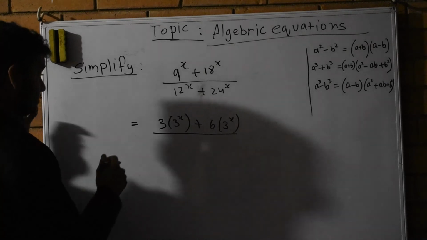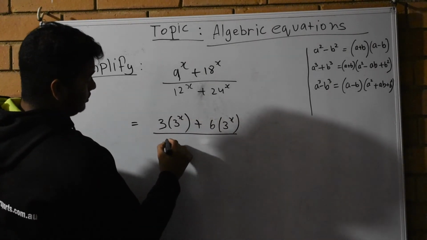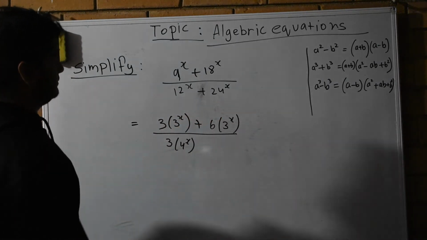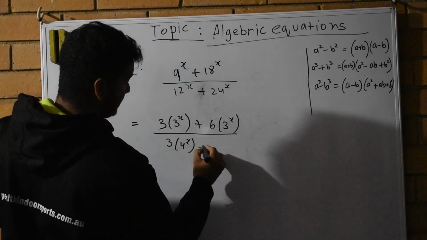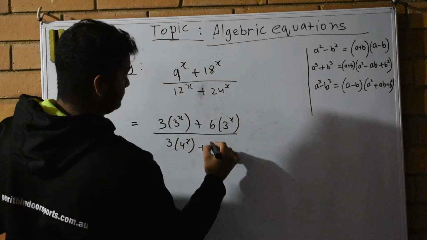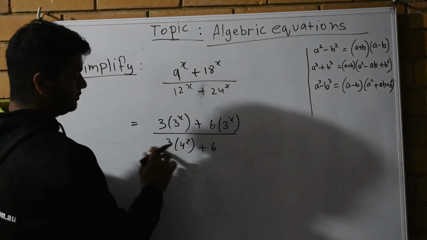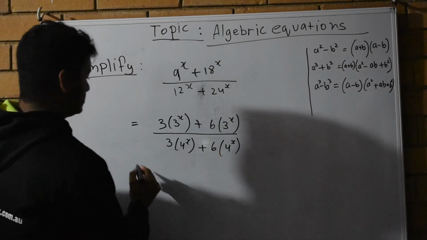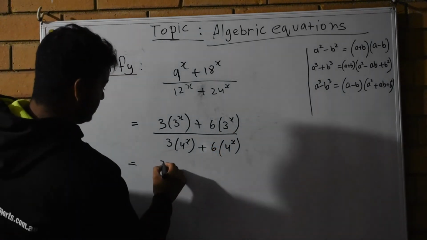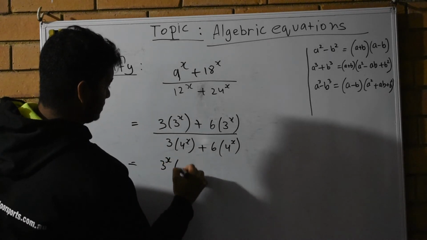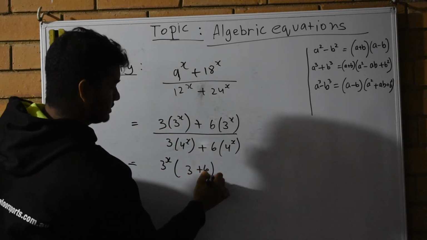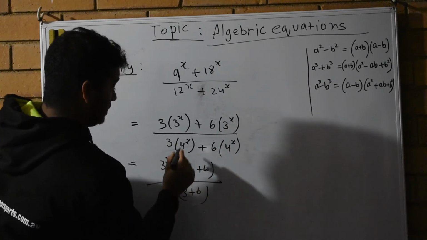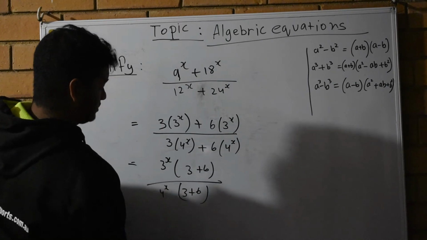So here we go 3 times 4 to the x, plus 6 times 4 to the x, because we need common terms. So 3 to the x is common, and 3 plus 6 is another common term, in the numerator and denominator.